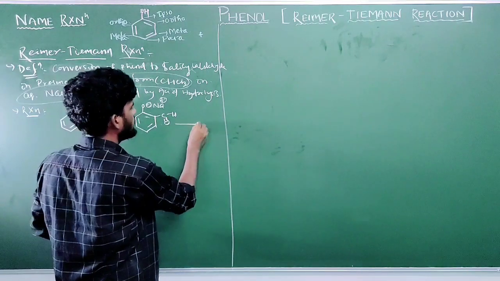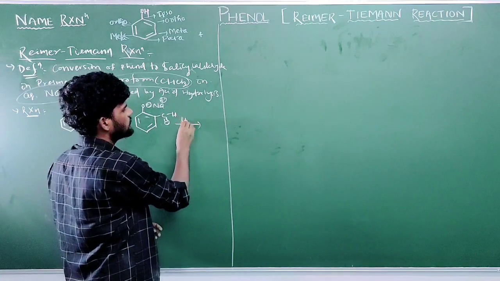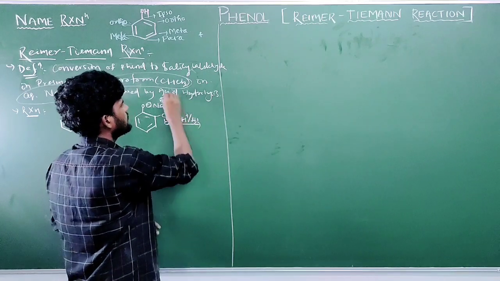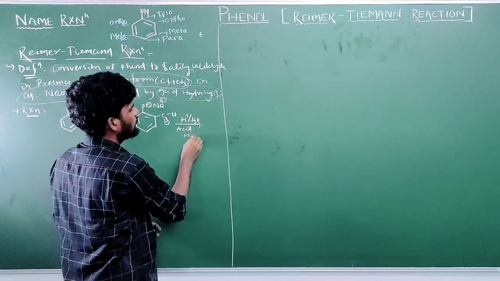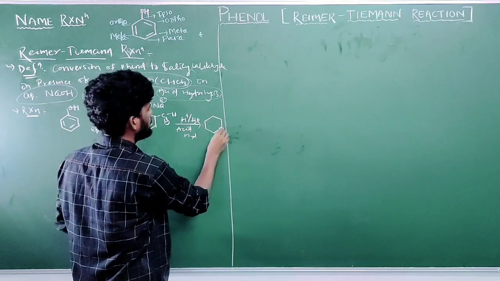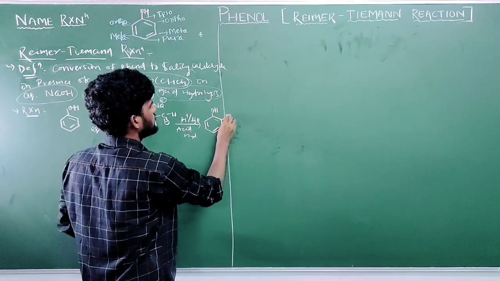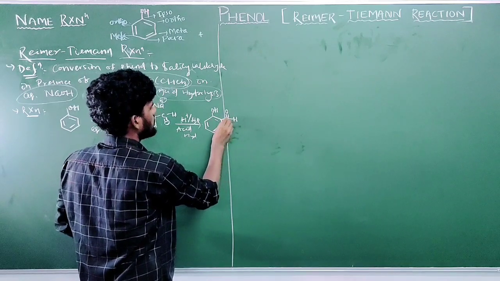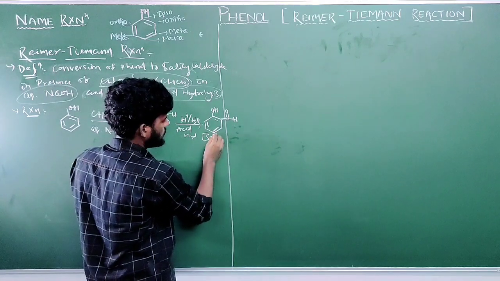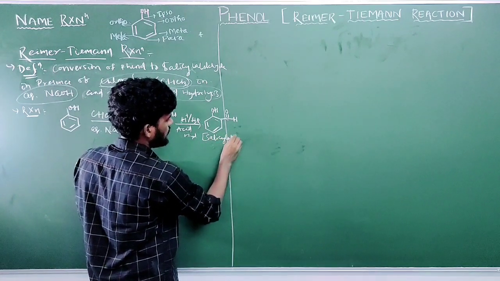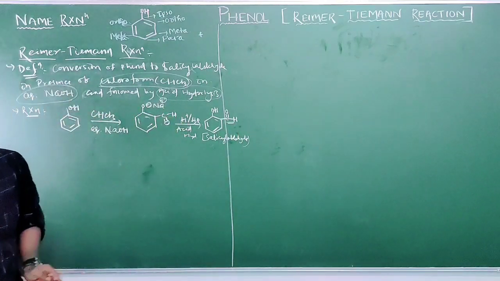In the second step, if you do workup with acid hydrolysis, H plus water, you will get salicylaldehyde, with OH and here C double bond O H. This is salicylaldehyde. One aldehyde group is now attached at the ortho position of phenol.